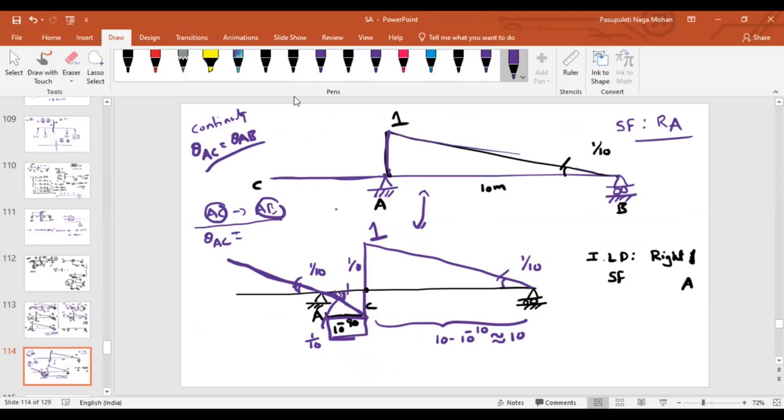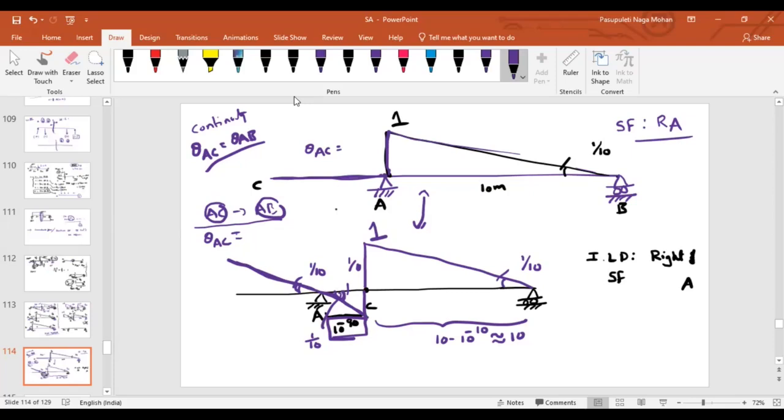Now, in this case, after drawing the deflected shape like this, can you tell me what is the slope of AC? Is it in the original position or is it deflected anywhere? AC part is deflected, or is it there in the original position?